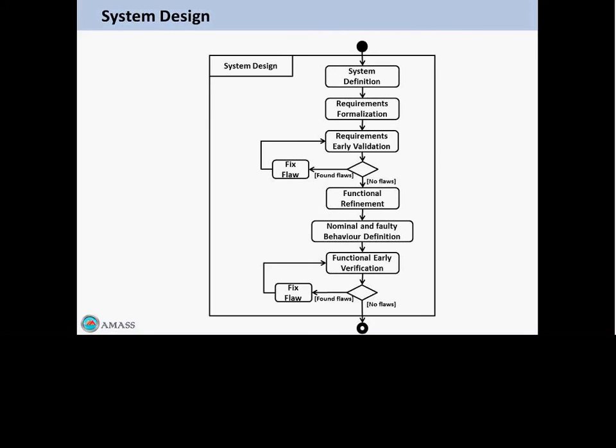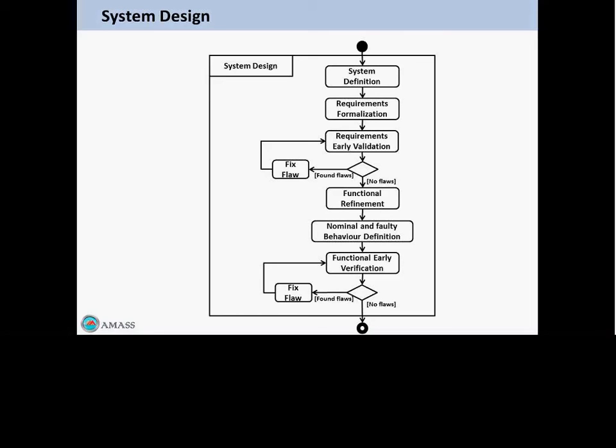In particular, today we will see part of the techniques that support the system design, in particular the system definition, the formalization of requirements, early validation techniques for requirements, functional refinement, and then we can also specify behavior and extend the behavior with faulty specification.